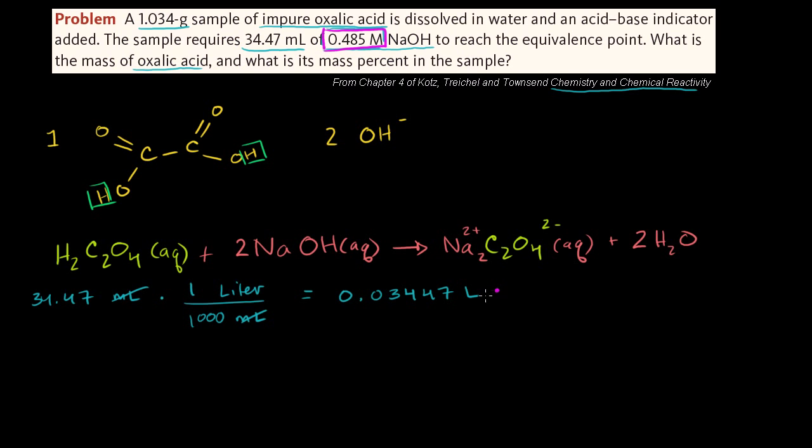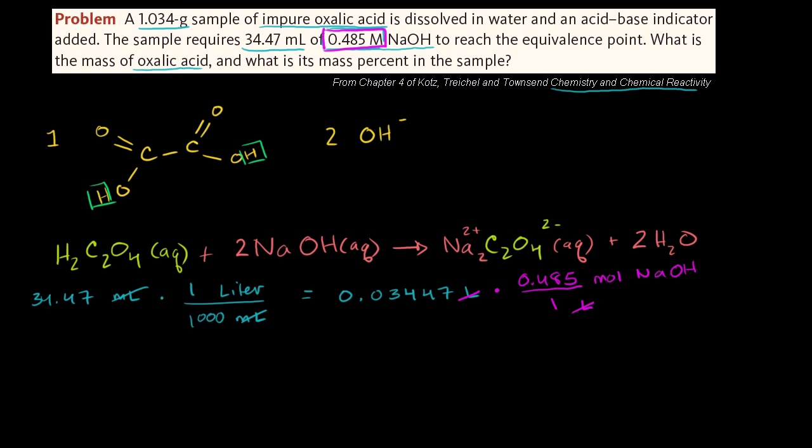So we want to multiply this by 0.485 moles of sodium hydroxide for every 1 liter of this solution. That's what the molarity tells us. We have 0.485 moles per liter. So the liters cancel out, and now we're going to actually have to get a calculator out. And this will tell us how many moles of sodium hydroxide we have in this solution.